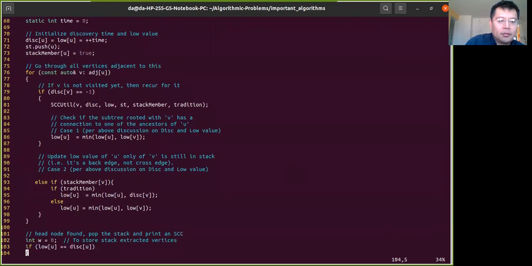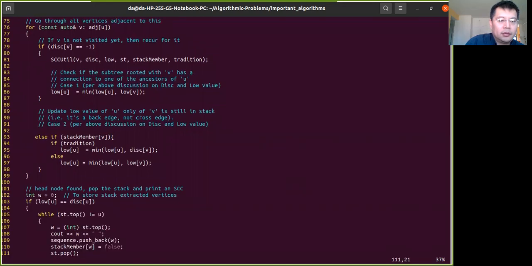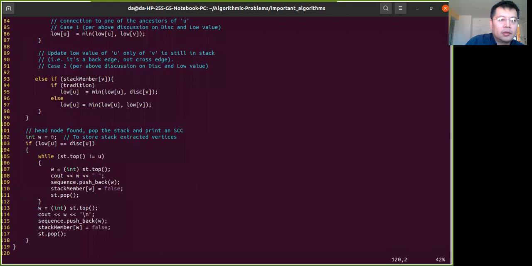So what happens during the DFS is that once it finds low U equals disc U, the index of the vertex is equal to its low value, then it will stop and pop all the vertices after it, and pop itself as well, and mark the stack member at that point to be false.